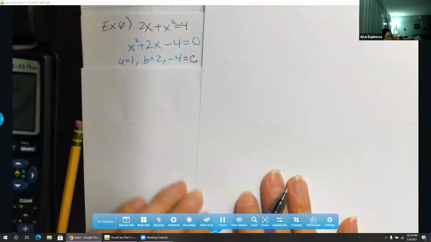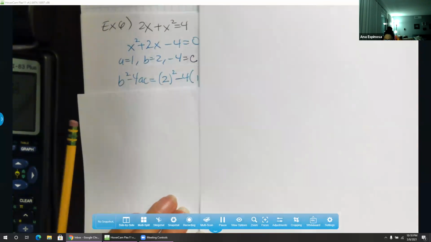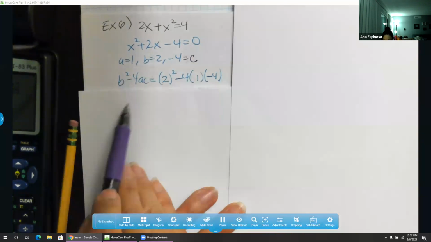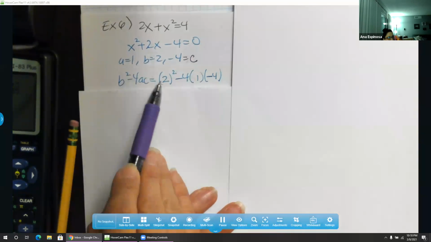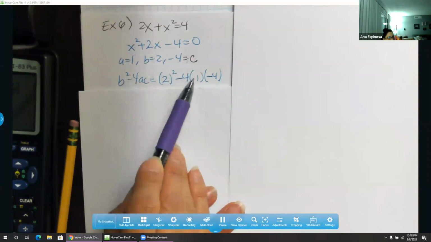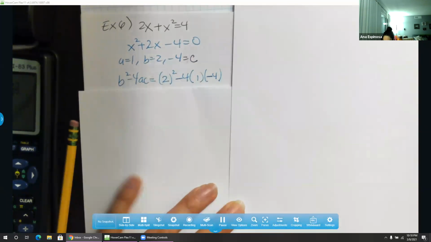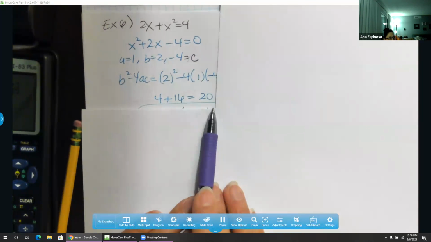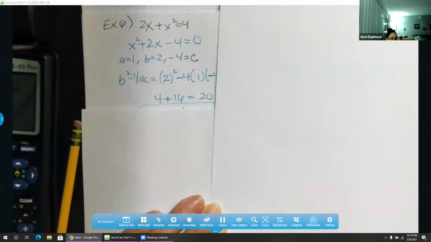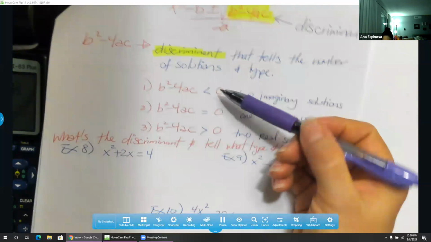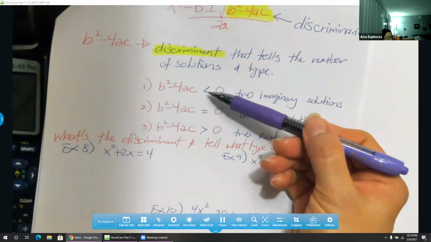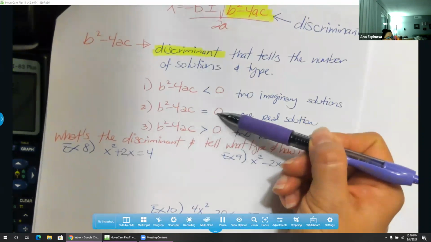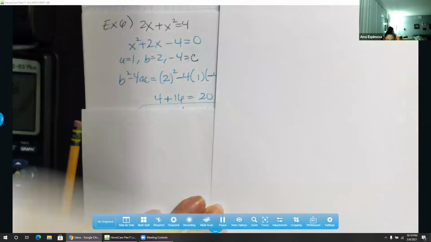Okay. Once you do that, you're just going to use the discriminant, b squared minus 4ac. This is b squared minus 4ac. You do the math, you get 20. Once you get that number, you then compare it to one of these. It will only fit one of these. That number is either going to be less than 0, equal to 0, or greater than 0.